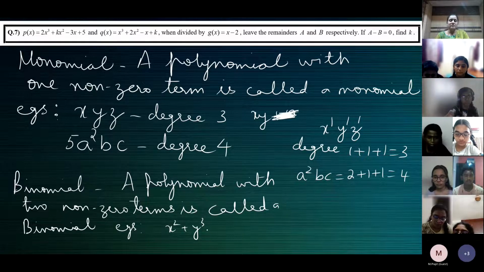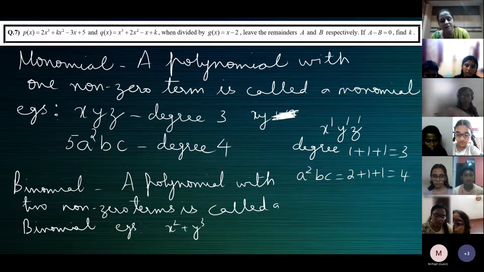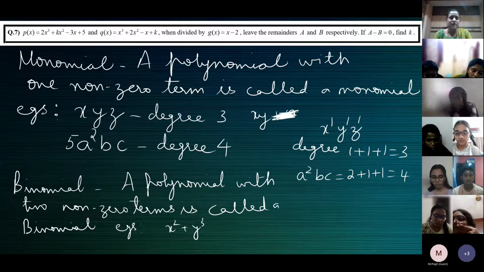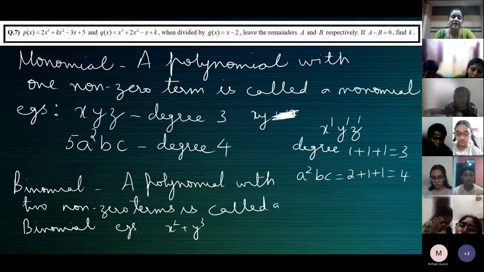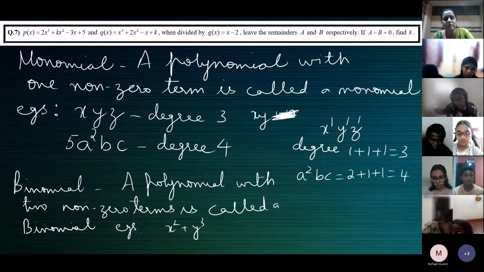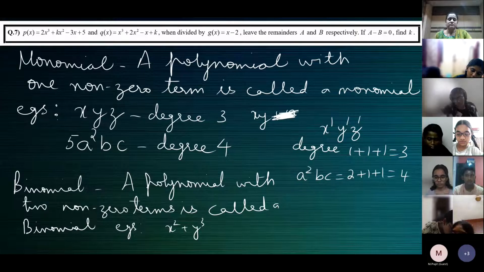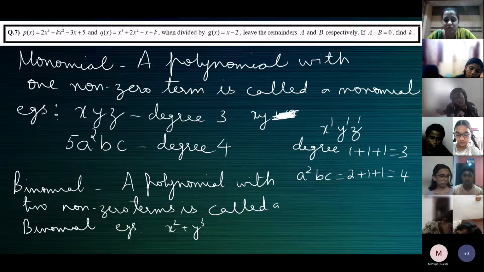So please write the definition and write x square plus y cube as an example, and continue. Say that if you have to describe x square plus y cube, it is a binomial of degree 3. Write down: x square plus y cube is a binomial of degree 3.